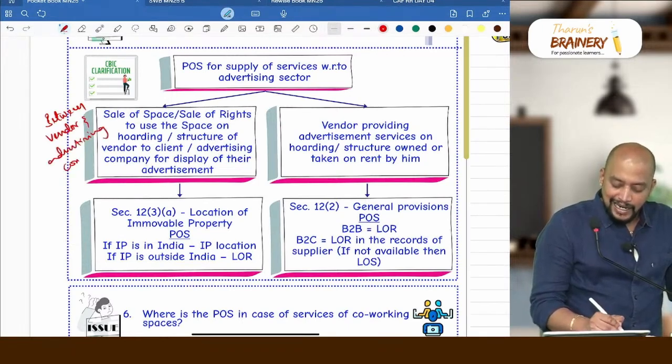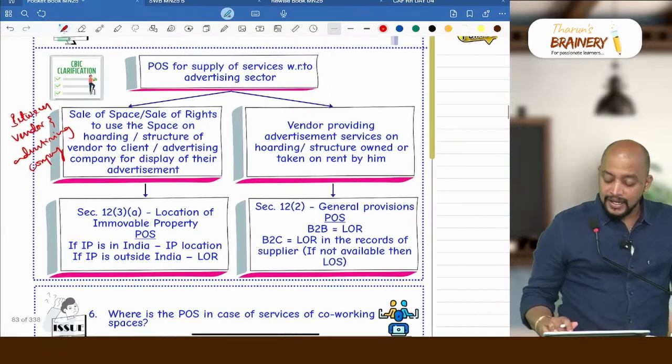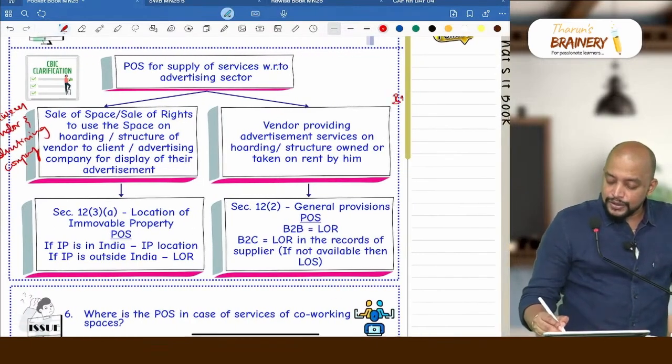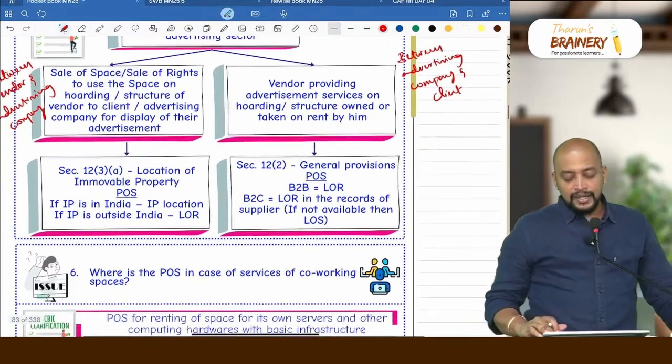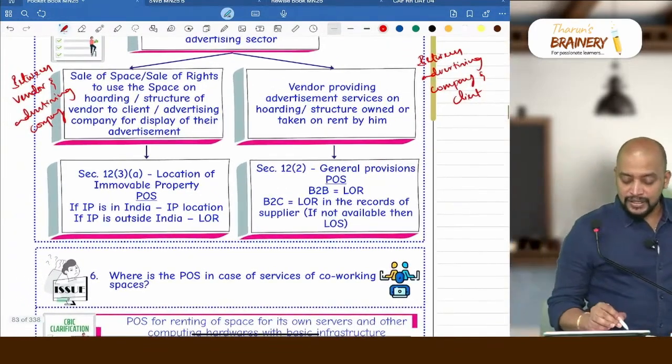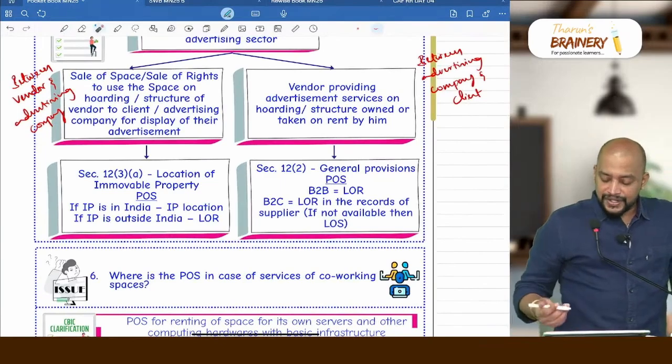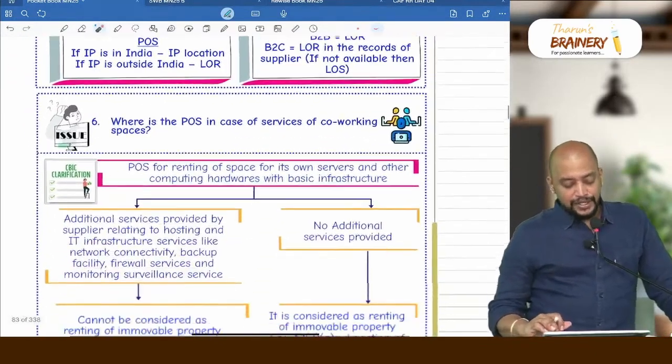Whereas this is between the advertising company and the client. So we need to take general provisions: location of recipient in the records of the supplier, otherwise location of supplier.